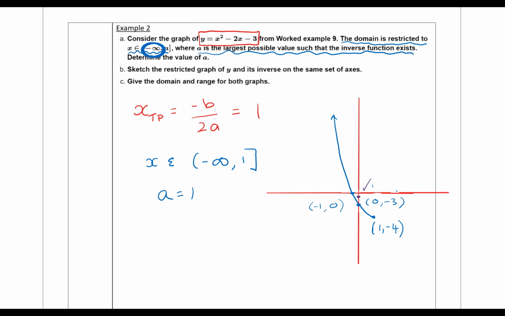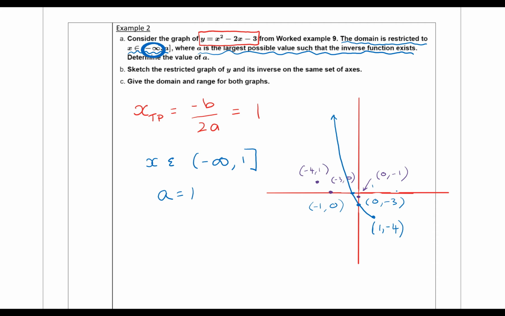So that will be 0, negative 1. The 0, negative 3 will become negative 3, 0. And the 1, negative 4 will become negative 4, 1.